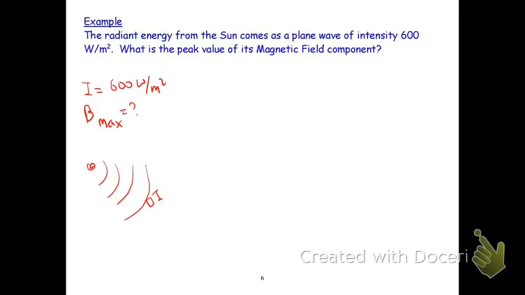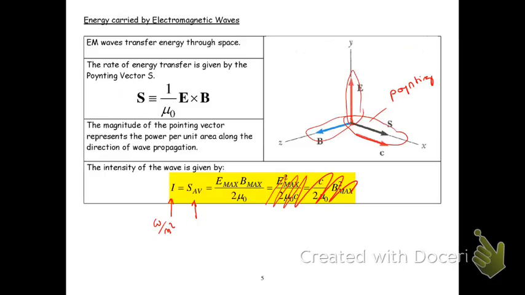So I say, well, hold on. My intensity is equal to my Poynting vector, which equals E max B max over 2 mu naught. There's a 2 that I have problems remembering. There's no epsilon naught in this, it's just 2 mu naught.